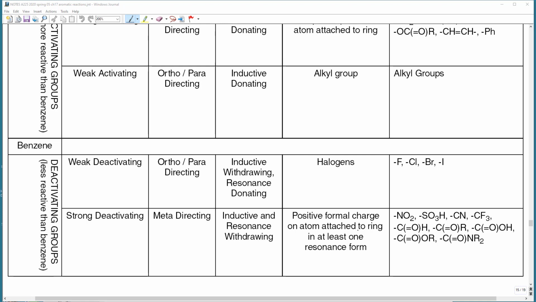Here's a list of the common ones. NO2 is a particularly common one, C triple bond N, anything that has a carbon-oxygen double bond directly attached to the ring. What these have is a positive formal charge on the atom attached to the ring in at least one resonance form of the group itself or of the reactant.